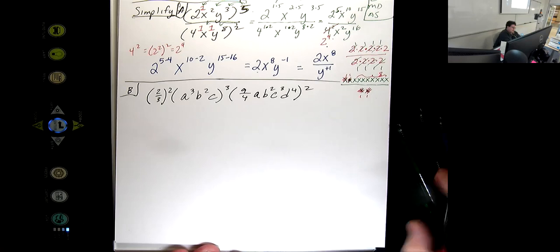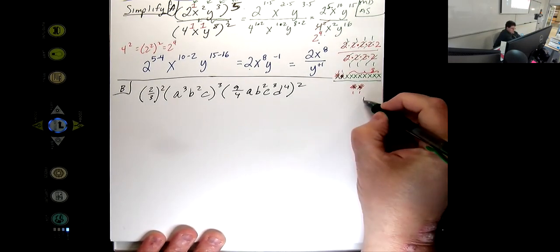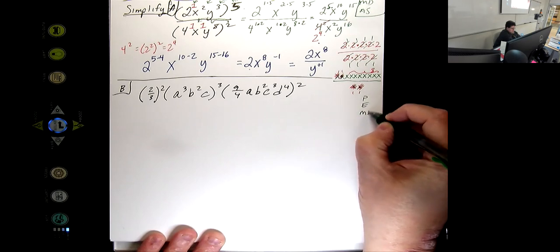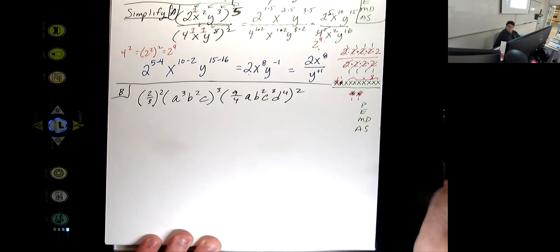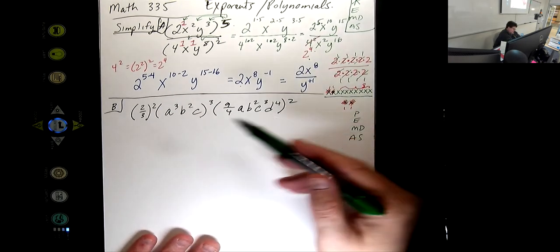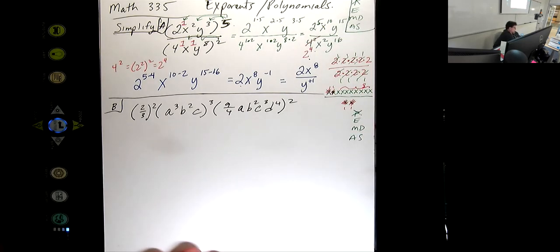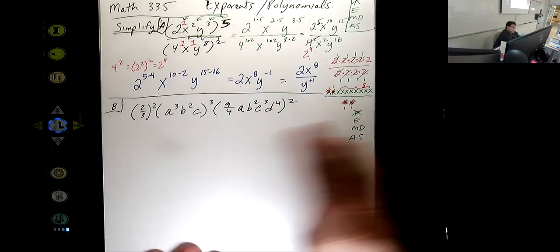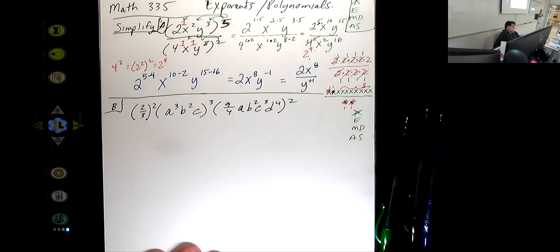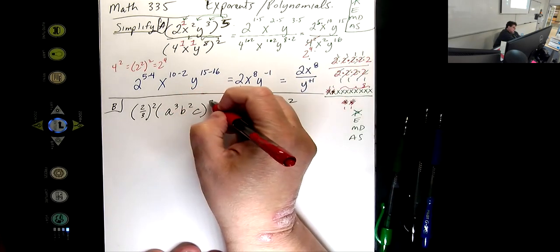So again, we want to go through the order of operations. There's nothing going on inside the parentheses. There's stuff in there, but there are no operations to do. So next is addressing exponents, and these ones are easy.